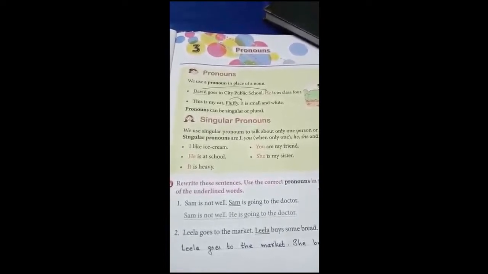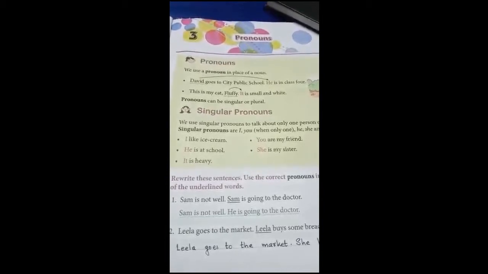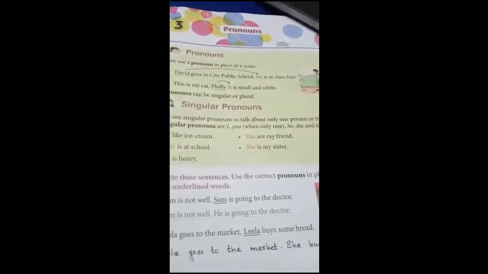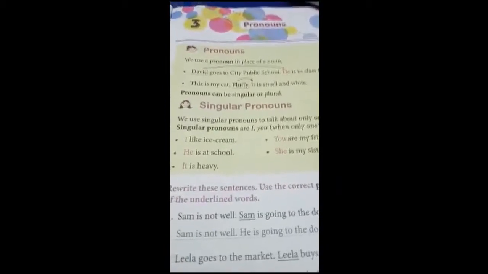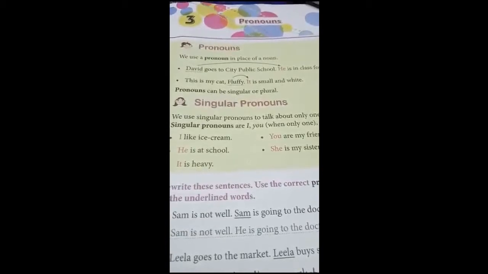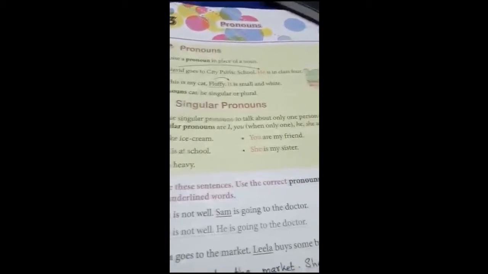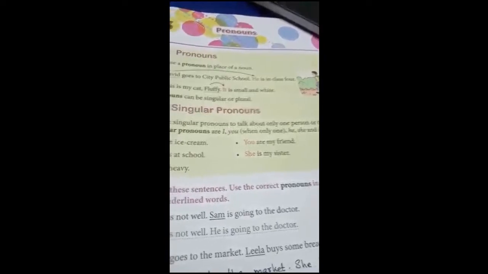Singular pronouns are I, you when it is only one, he, she and it. I is one person, he is one person, she is one person and it is one.